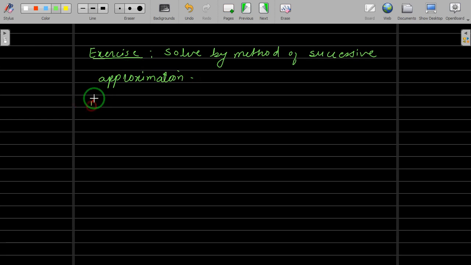So first, y of x equals e raised to x minus e by 2 plus half plus half integral 0 to 1 y of t dt. So this is your first problem.